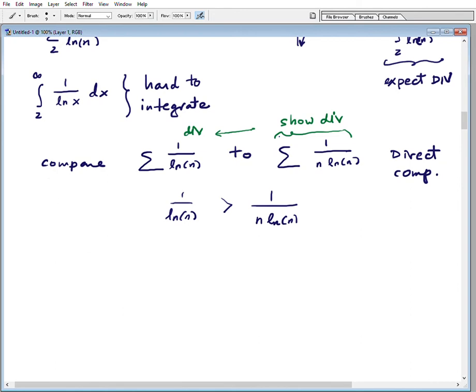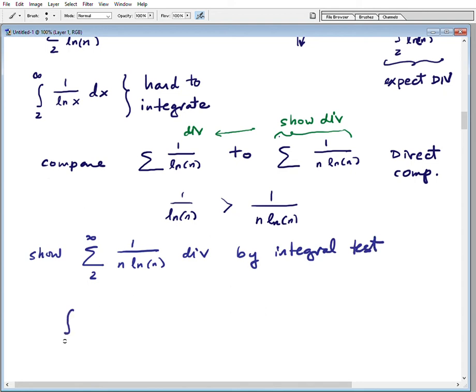So we're going to show that this one diverges by the integral test, because it's easy to integrate. Let's do that. That's the only reason we chose that. Let's remember how to integrate this. Put the 1 over x on top and the ln x on the bottom.